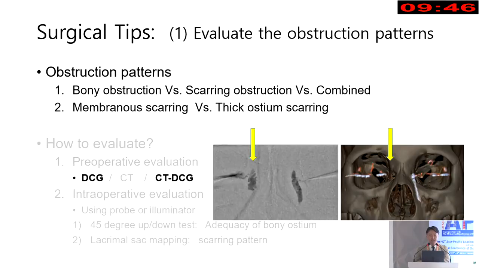DCG is important to see the obstruction, especially the scarring pattern. When there is pooling inside of the lacrimal sac, you can think about the possibility of membranous obstruction. But when there is no pooling inside of the lacrimal sac, you should suspect the possibility of common canalicular obstruction or thick ostium scarring. CT-DCG could be very useful, as it can address the osteotomy site and ostium scarring at the same time.